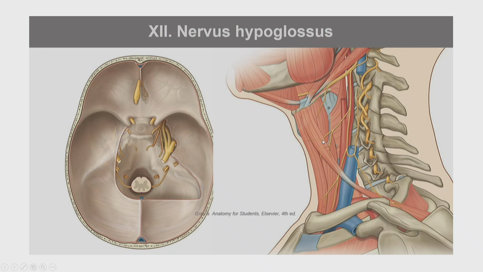For example, the omohyoid muscle here, and the sternothyroid muscle and sternohyoid muscle. So this is the deep ansa cervicalis, which is also important and is related to this hypoglossal nerve.